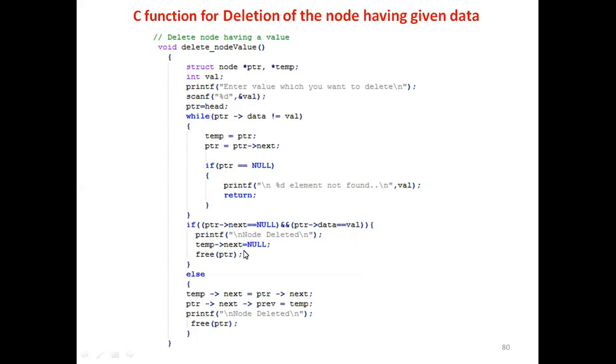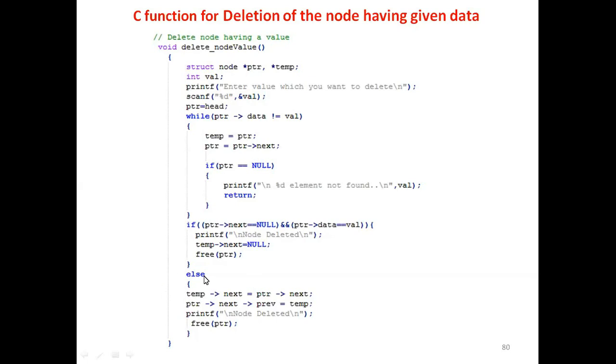We can delete the node, and when you are deleting the last node, the second last node will now become the last node, yes or no? Yes, sir. So when ptr is pointing to the last node, the second last node is pointed by temp. So you have to do temp arrow next equals to null, yes or no? Yes, sir. That is done here, and then free ptr.